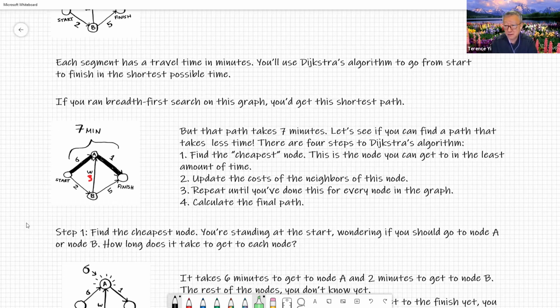Now we are not really concerned about the number of segments, as long as the time, in this case, or units, whatever you want to call it, as long as the total weight is smaller, then that's what we want to take. It could be maybe 10 segments compared to 5 segments. It doesn't really matter about the number of segments, but we only care about the total weight at the end.